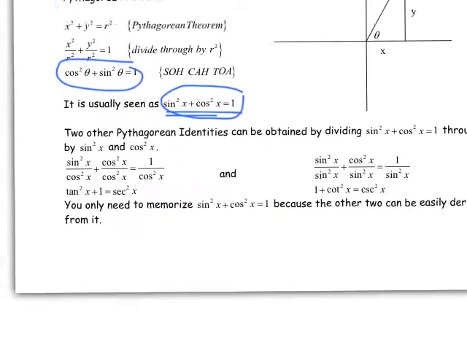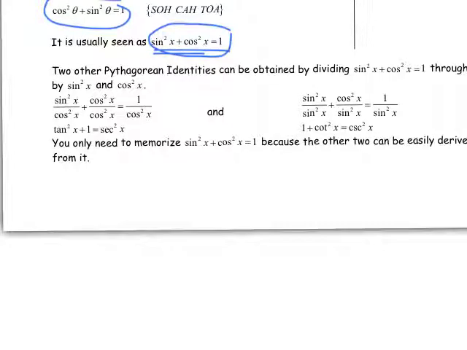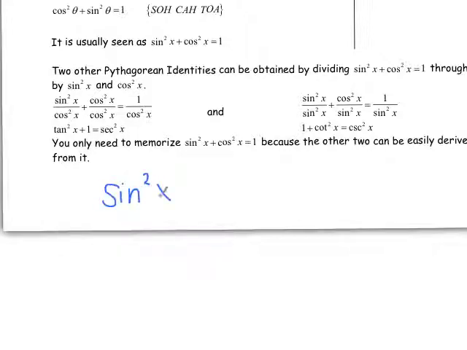Okay, now if we take that sine squared plus cosine squared equals 1, if I take this identity, I can make actually a total of 8 more. So how I can make 8 more is if we just write this down, sine squared plus cosine squared equals 1. Well, let's say for some reason you want to see tangent.